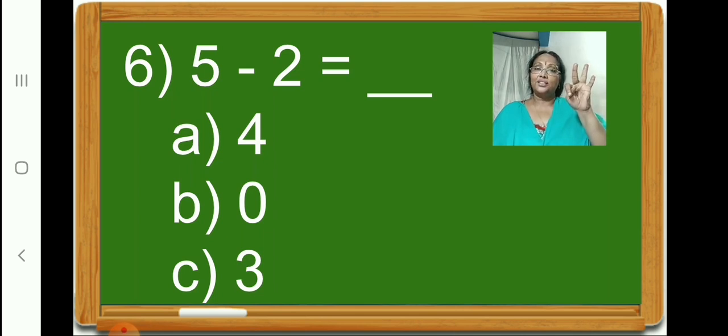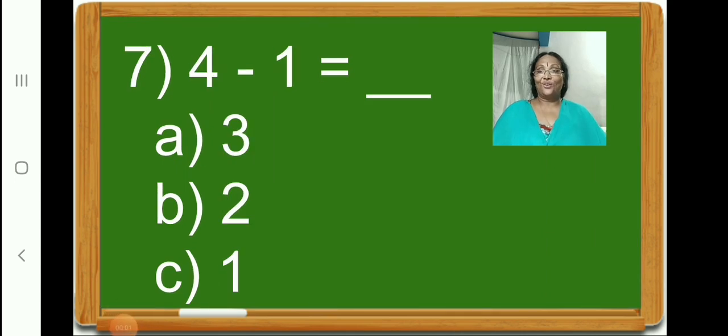Now count and see how many fingers are left. 1, 2, 3. Therefore children, 5 minus 2 is equal to 3. Now children, let us click on the option C, which is the correct answer.